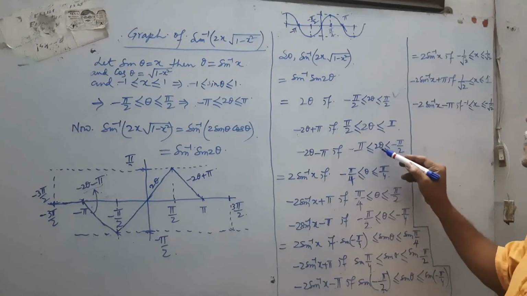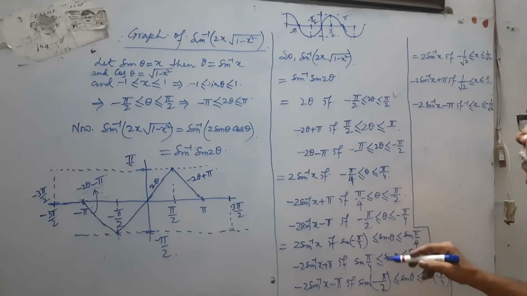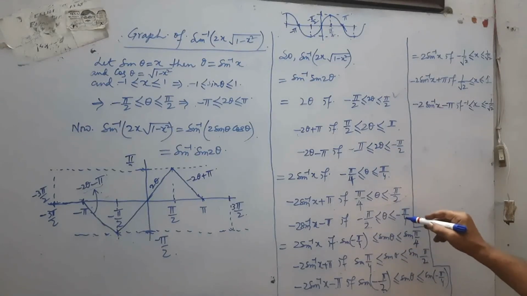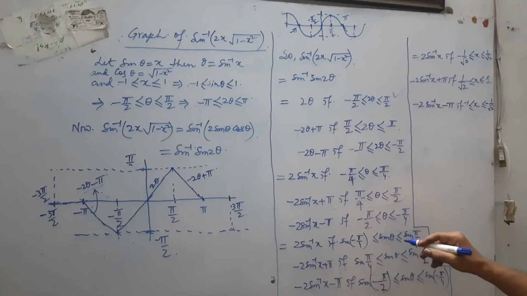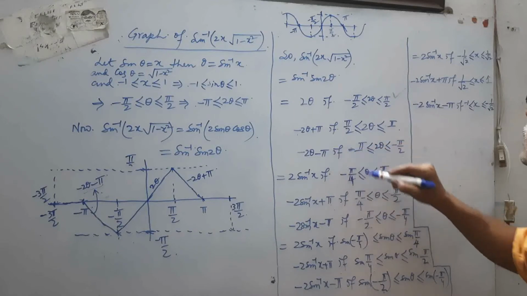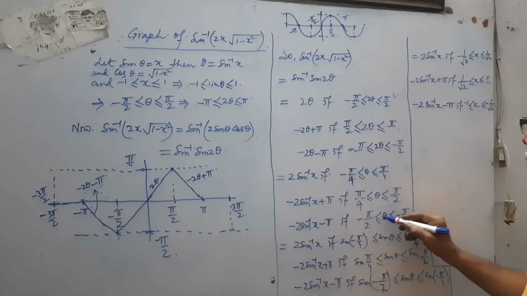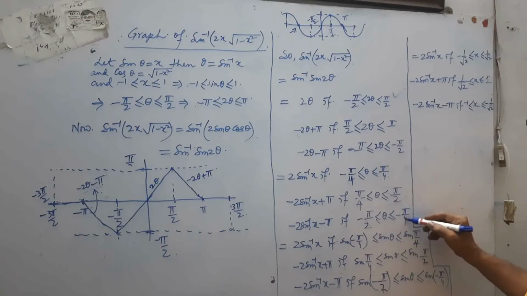Same thing happens over here, this 2 goes to that side so that it becomes minus pi by 2, theta less than or equal to minus pi by 4. This minus sign is not visible actually.